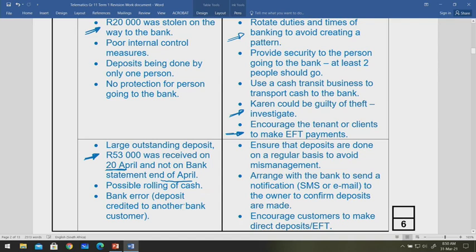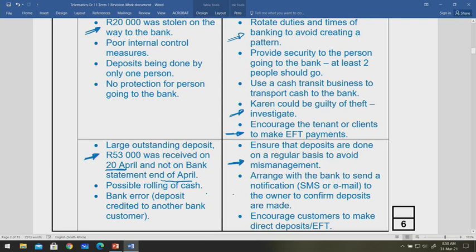It can also be that the bank made an error, that they deposited that amount incorrectly into another bank customer's account instead of into our bank account. The solution for that: we must ensure that the deposits are done on a regular basis, every day, once a week, every 2 days, depending on how much cash we have in the business.